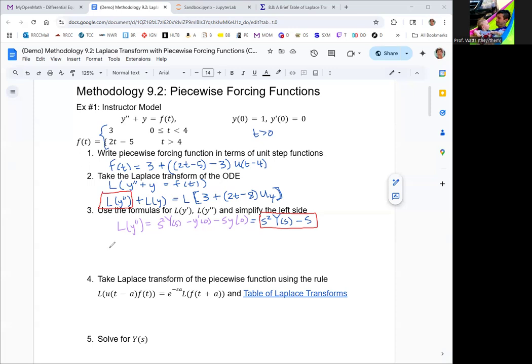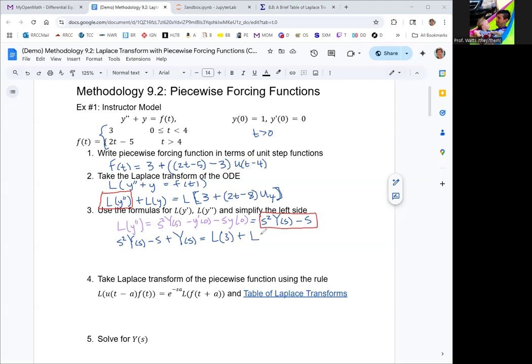So then we get s squared big Y of s minus s plus, and then the Laplace transform of y is big Y of s. And we can go ahead and distribute the Laplace transform here.